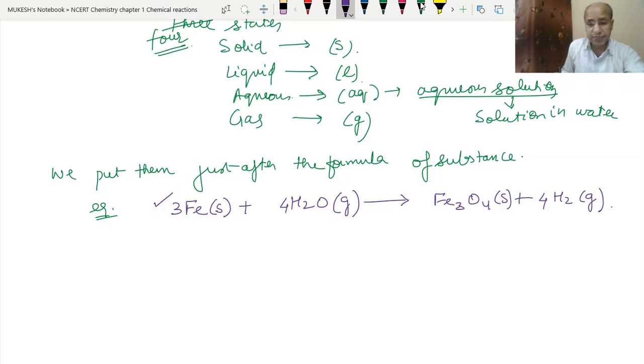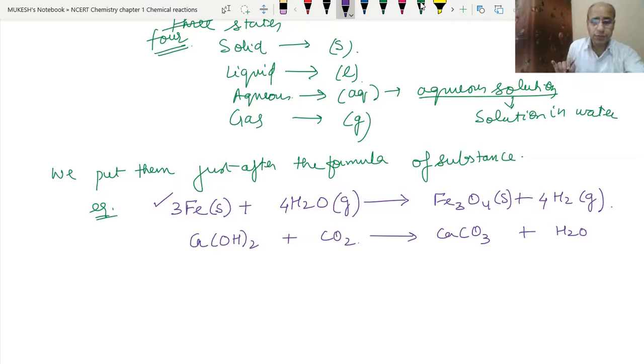Now let's take another example where we can use AQ. When carbon dioxide gas is passed into lime water, what is formed? Calcium carbonate is formed, and water is formed. So it is balanced. We have the 2 here, the 2 here, carbon 1, oxygen 3, oxygen 4 and 4.